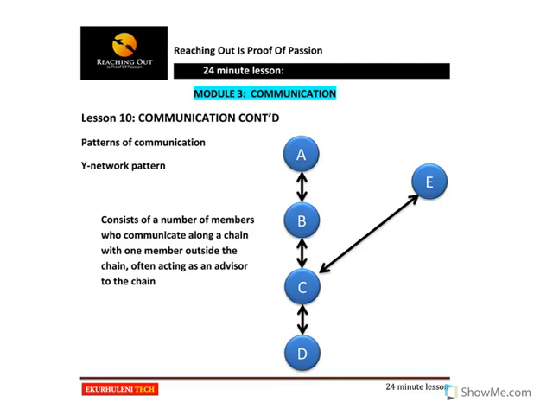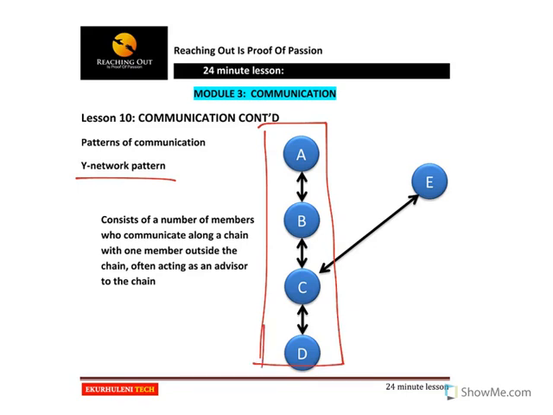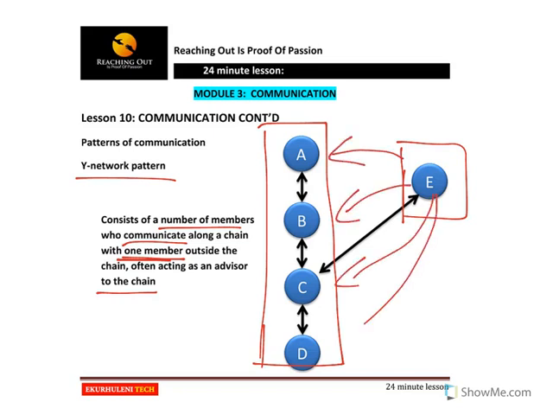Now, similar to a chain network is what we call a Y network. It has the similar appearance of a chain network, as you can see from A, B, C, and D, but there is an external person here. This external person is called an advisor. So we are saying it consists of a number of members who communicate along a chain, with one member outside the chain often acting as an advisor to the chain. So what we mean by an advisor, it can be a lawyer acting to advise different people in the company.